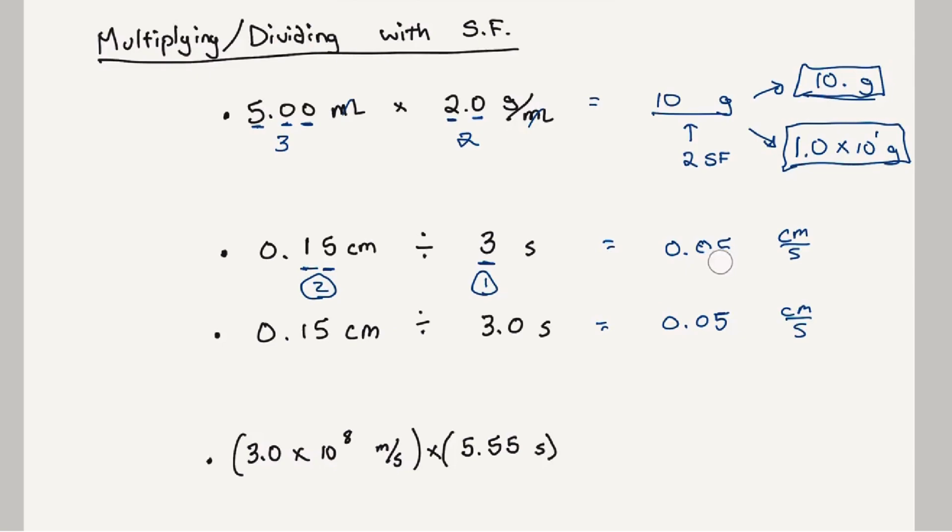And so therefore 5 is the first significant number here. These 2 zeros are not significant. So that is the answer to this problem here. This problem, however, 0.15 still has 2, but 3, and the 0 is to the right of the decimal and to the right of the last significant number, meaning that that is also significant.